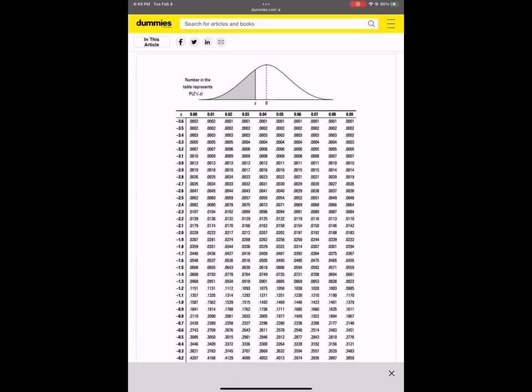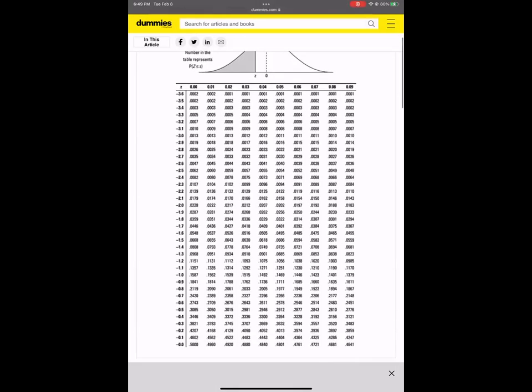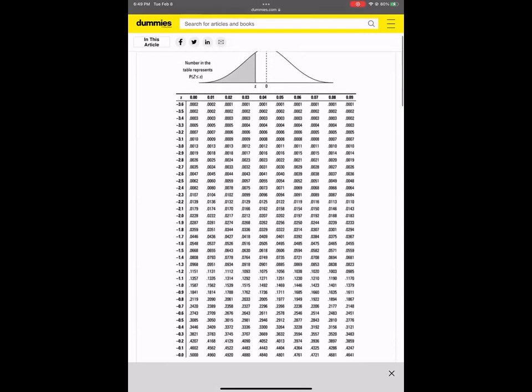what I would do is find Z in my chart. So for example, let's say I asked for the probability that a data point was less than or equal to negative 1.63.